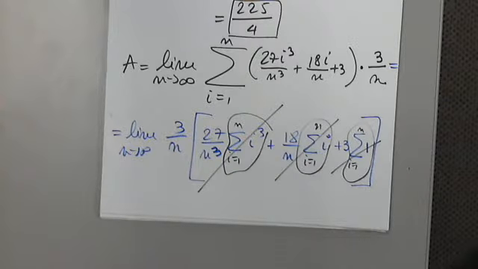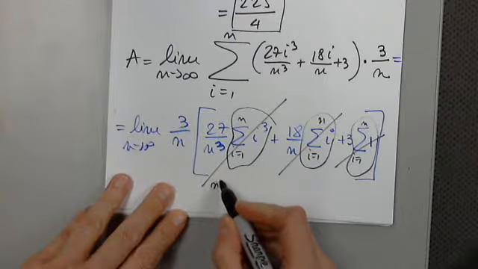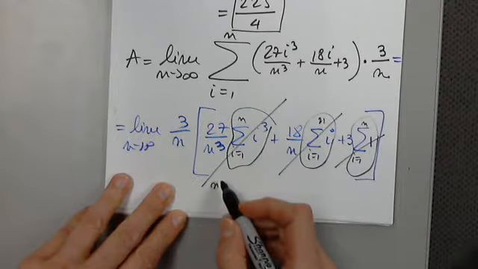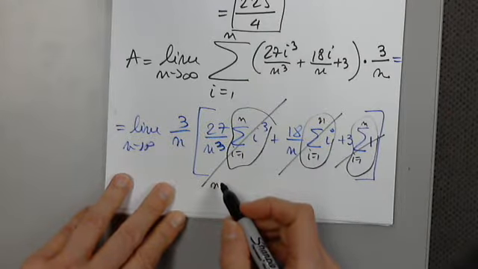Are we okay with this? What do I replace the first one by? N times quantity n plus 1, all over 2, and everything squared.